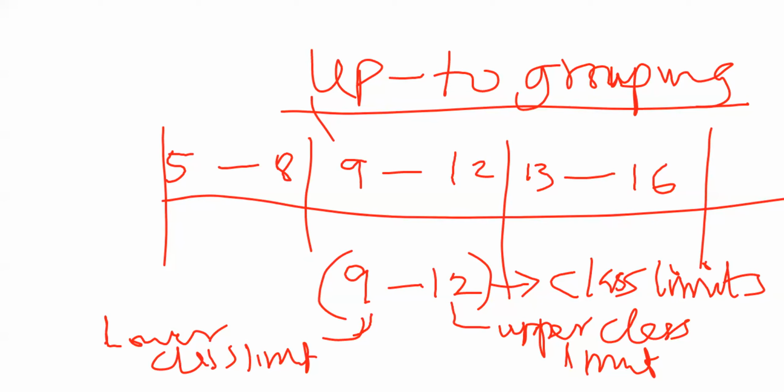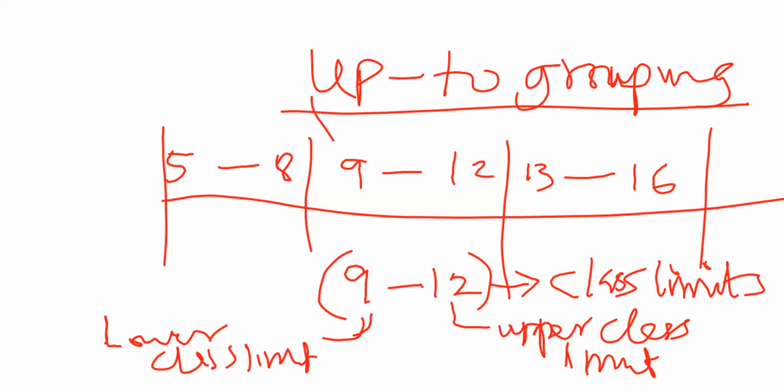For instance, 9 to 12 are whole numbers. When it comes to whole numbers, you subtract 0.5. When it comes to 1 decimal place, you subtract 0.05 from the lower class limit and add 0.05 to the upper class limit to change it to boundaries.